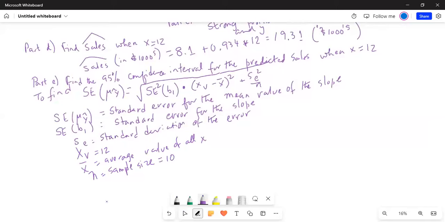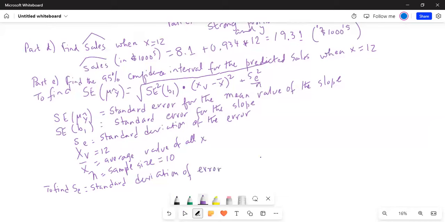So first we need to find SE, which is the standard deviation of the error. That means how far the errors are spread out from the fitted line.